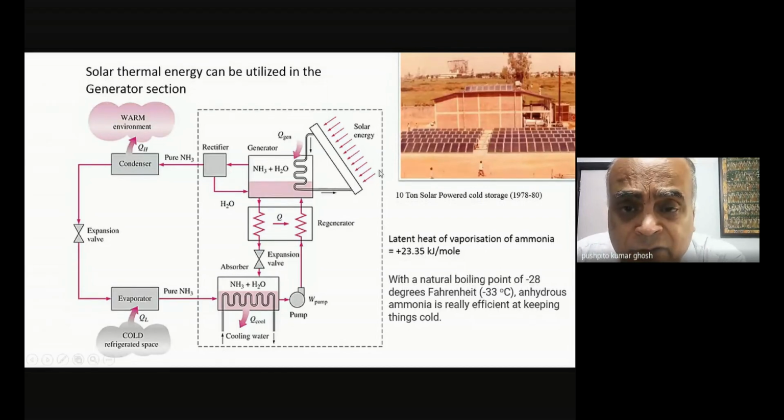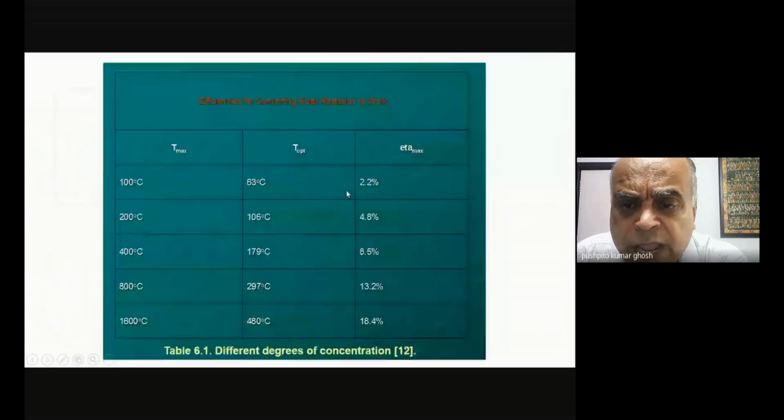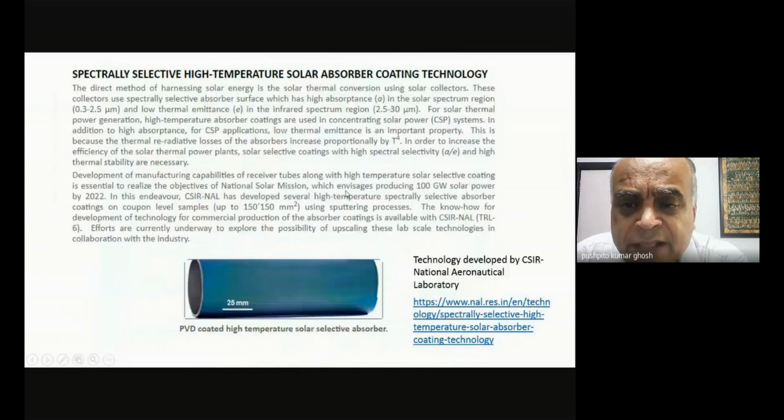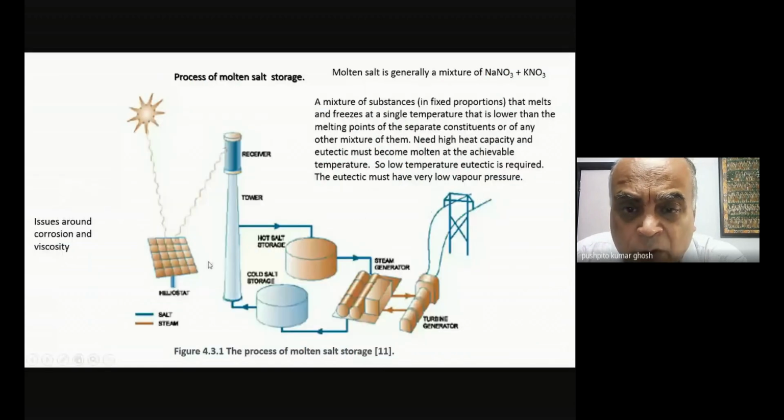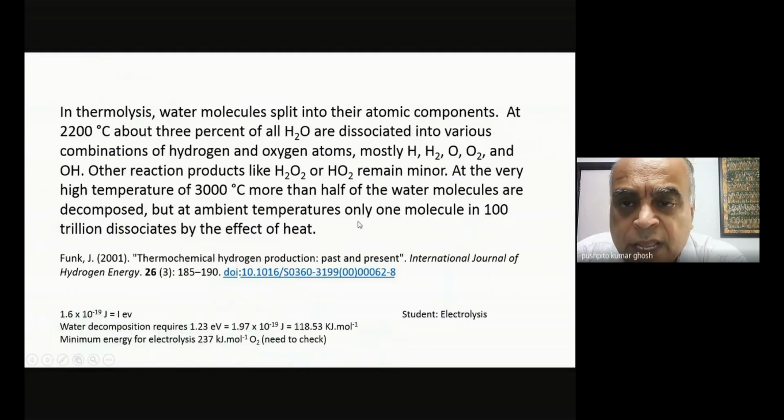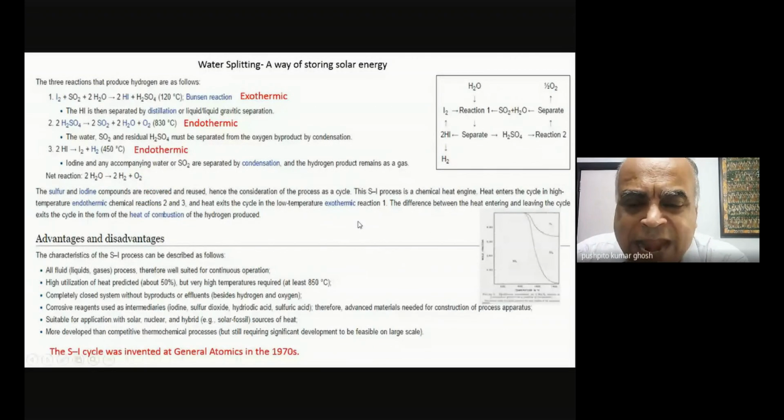You are taking advantage of high temperature solar energy. Here you are getting power, again you are heating it up. But the end thing that happens is so different in these processes.